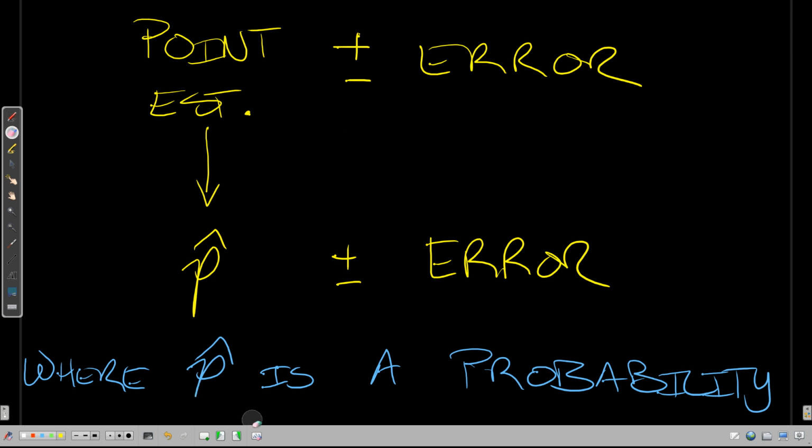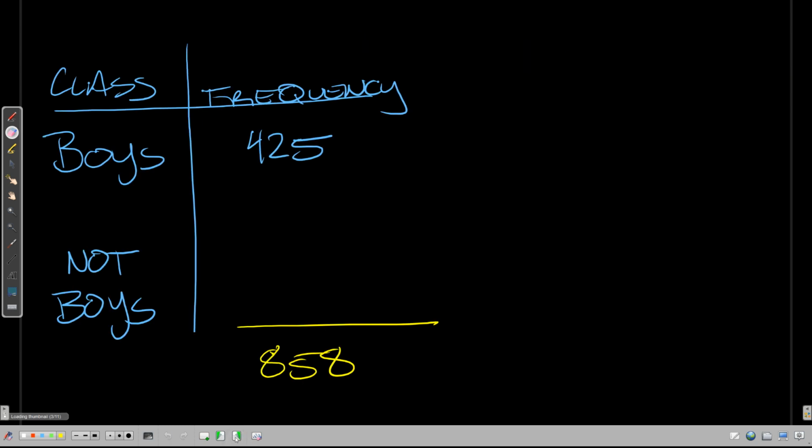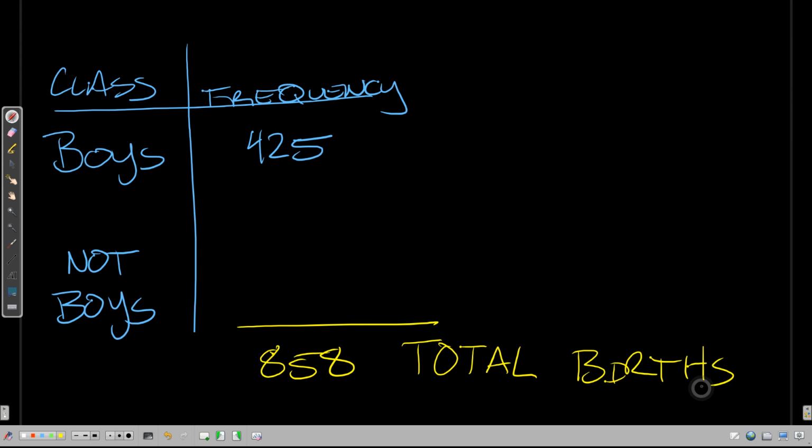It is just a probability. So in the context of this problem, there was a total of 858 births in that state, of which 425 of them were boys, right?